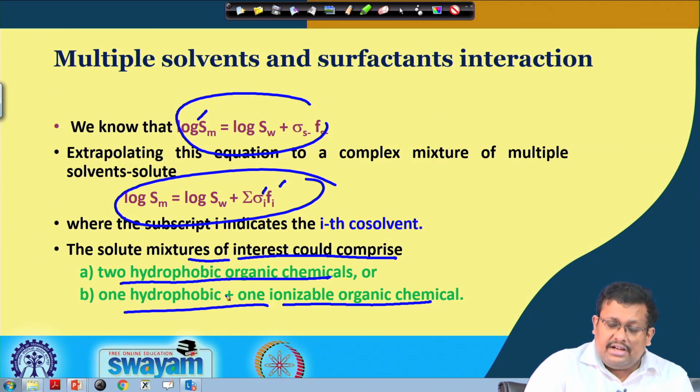The solvents are already multiple, and the solutes are also multiple. So, when the solutes are multiple, we can assume that these comprise two hydrophobic organic chemicals or one hydrophobic plus one ionizable organic chemical. Okay.